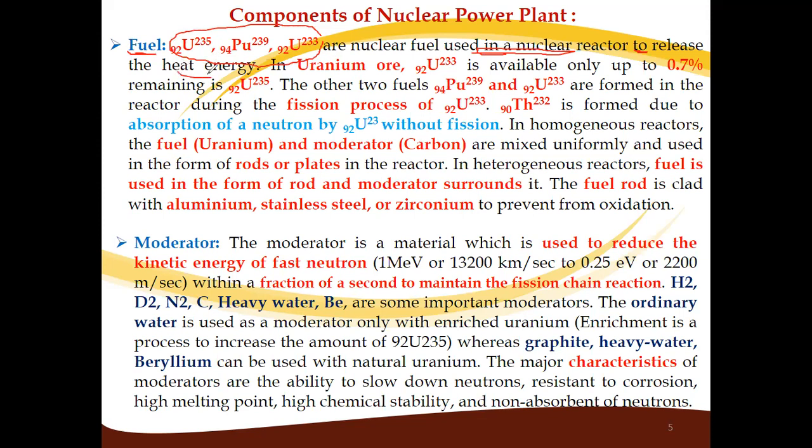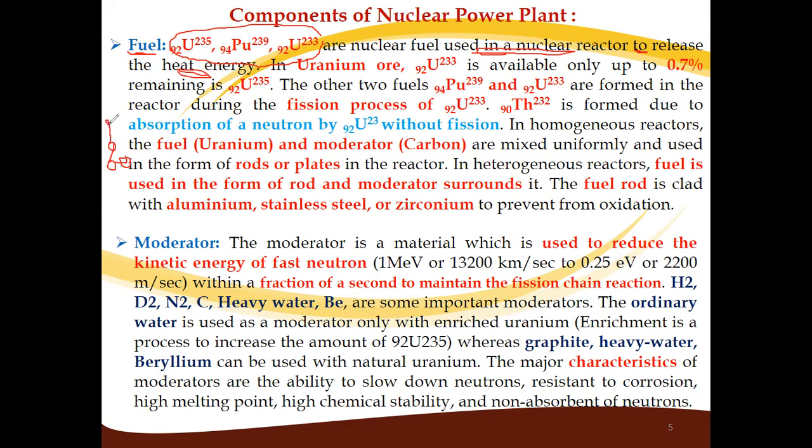Now this heat energy is released by the nuclear fission reaction. Nuclear fission is when a nucleus is split into two atoms, and after splitting we get a large amount of energy released, that is, the splitting of one atom into two atoms.